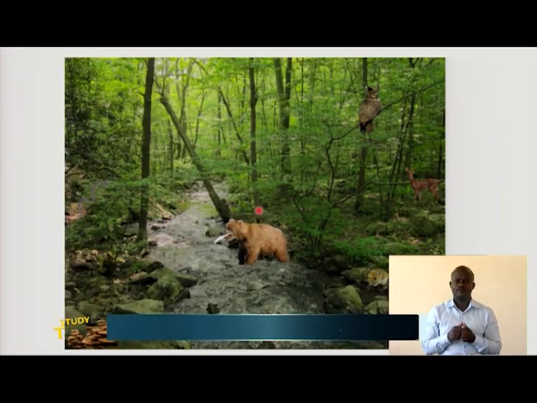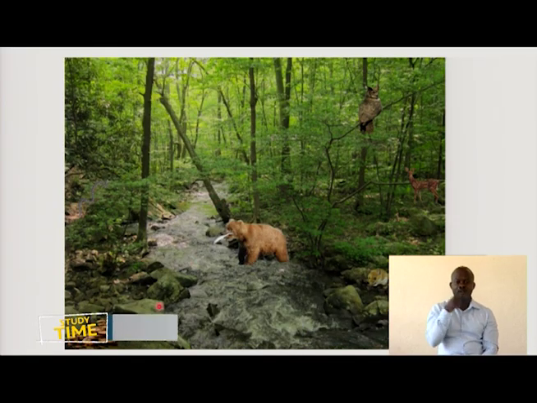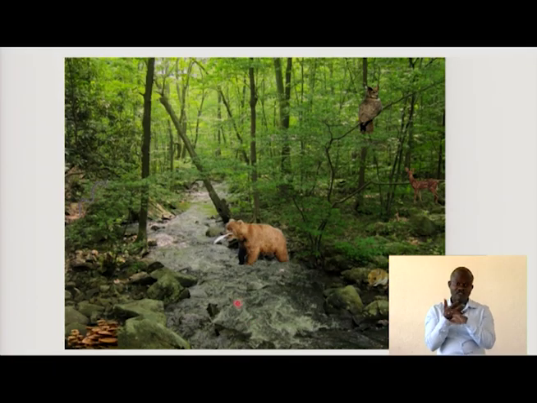Dear students, what do you see on this second diagram? We can see stones, water flowing, then we can see trees, meaning different plants, then we can see different animals.